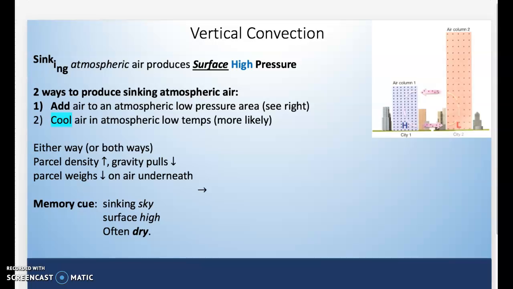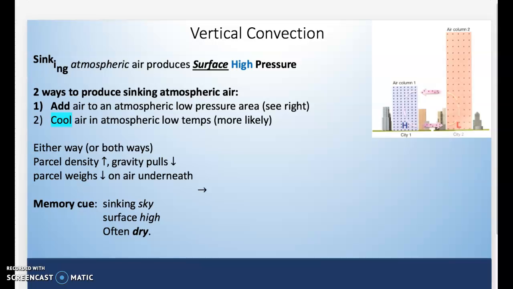The first way is what you see there in those columns. The first way is to add air into that low pressure area. You just add air molecules. The second way is to cool the air in that atmosphere at that elevation, and that's more likely. But either way, that increases the density of that purple parcel, and gravity pulls down on that additional mass.